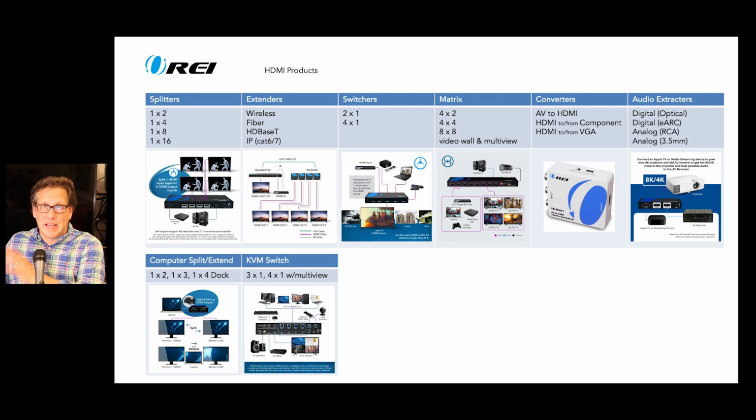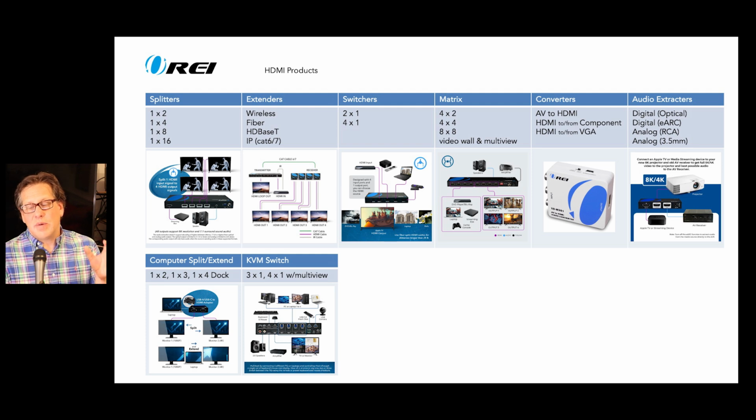That would be a single TV where you can see 2, 4 images kind of split off in quadrants, so you can look at multiple sources on one TV. Very nice. And they have converters. They can take AV signal to HDMI, or go HDMI to or from component video, or even VGA.